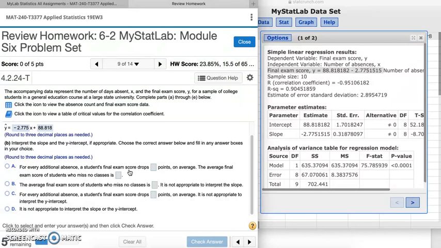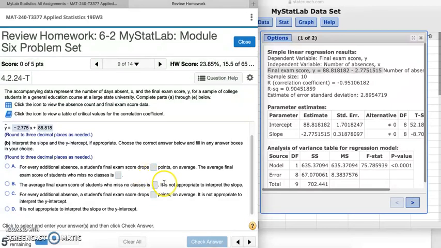So if X equals 0 is not a possible value, it's not appropriate. Say you're looking at the weight of a person as your X variable. Your weight is never going to be 0, so it's not appropriate to interpret the intercept. In this case, for the number of absences, 0 is very possible, so it is appropriate to interpret that.